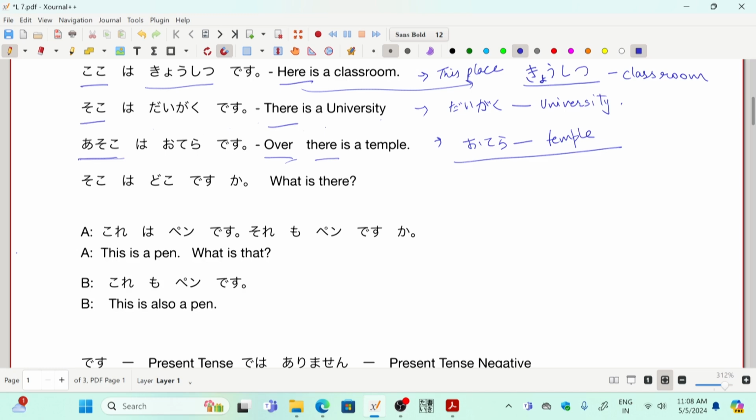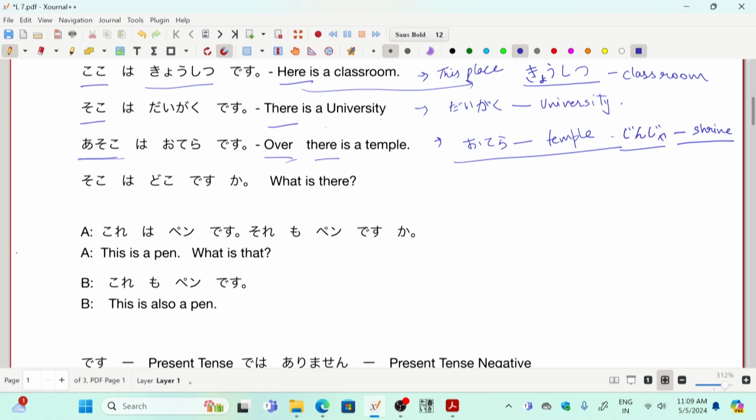The Shinto shrine, the temple for Shinto believers, is called jinja. So if you want to say shrine, it will be jinja. Asoko wa doko desu ka? You can say asoko wa jinja desu. The Buddhist temple is otera, and the Shinto shrine is called jinja.